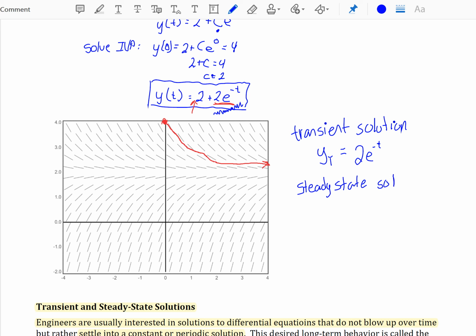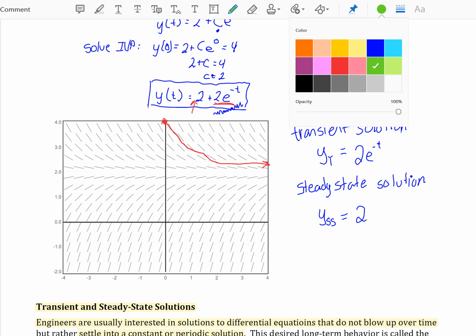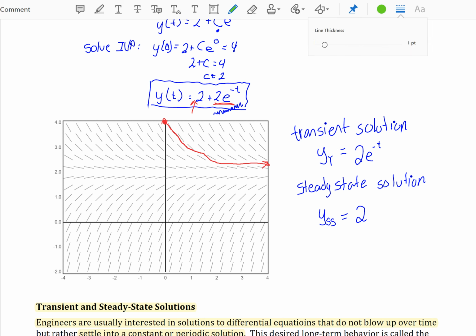While our steady state solution is the part of the solution that remains after the transient dies out, which I refer to as y steady state, SS. So when the transient dies out, what's left is the 2. This is your steady state solution. This is the solution that things tend to approach as time goes on.